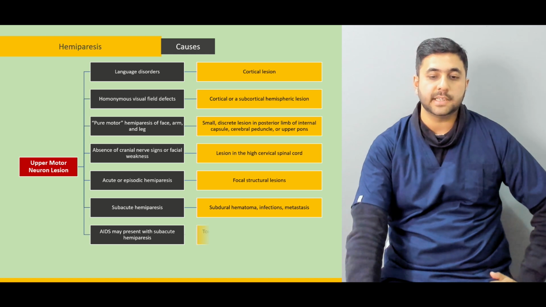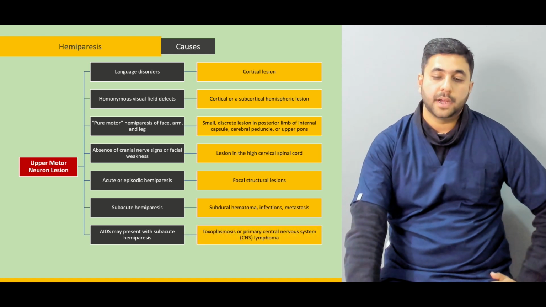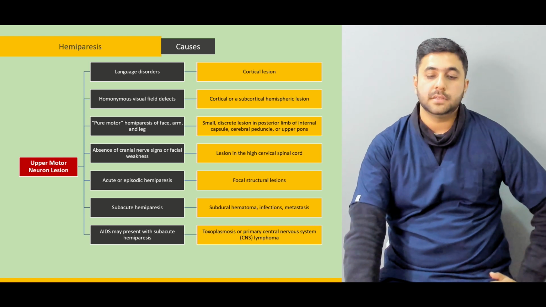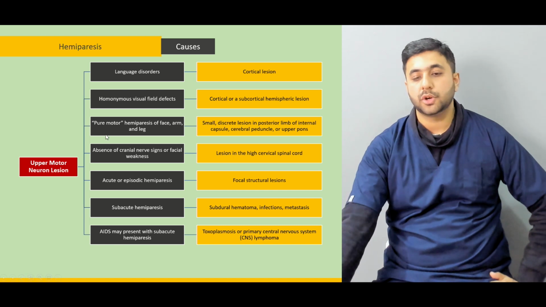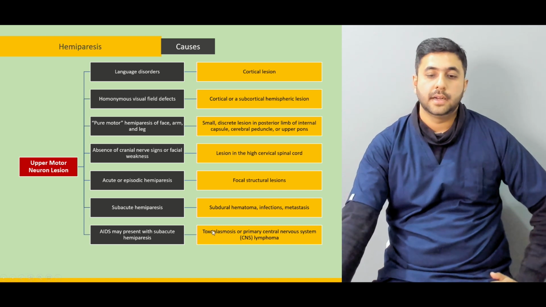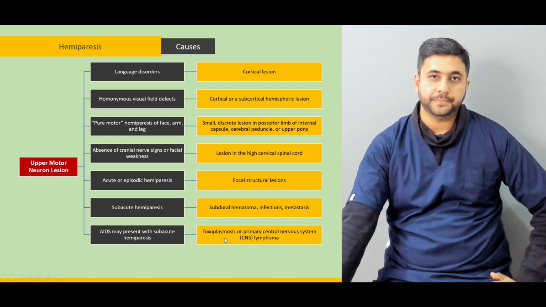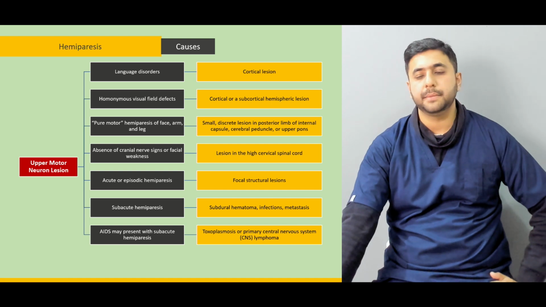and the two important neurological problems in AIDS patients are toxoplasmosis and the primary CNS lymphoma. Toxoplasmosis is the parasite which infects the brain and has various calcifications in various parts of the primary motor cortex.